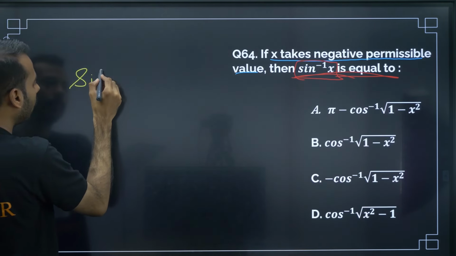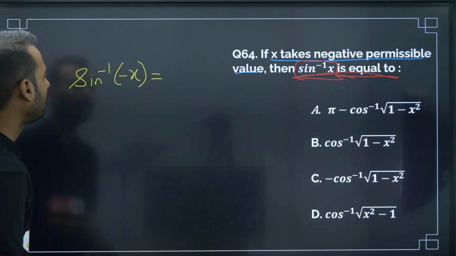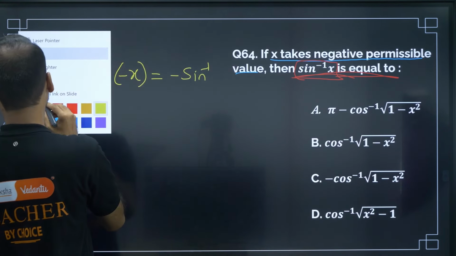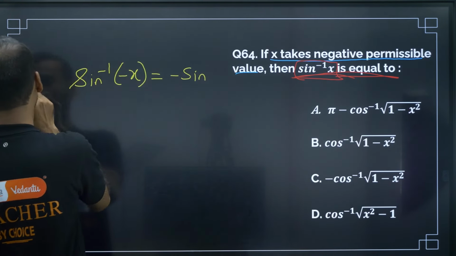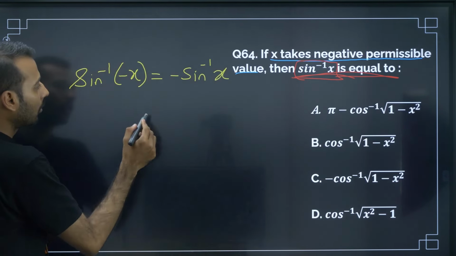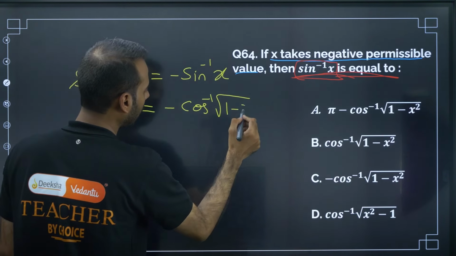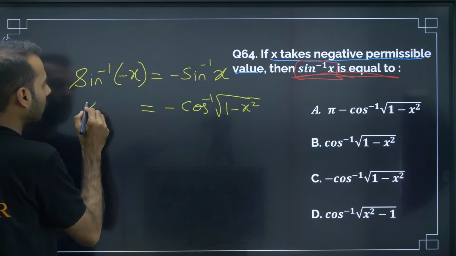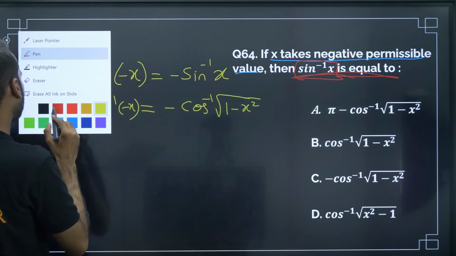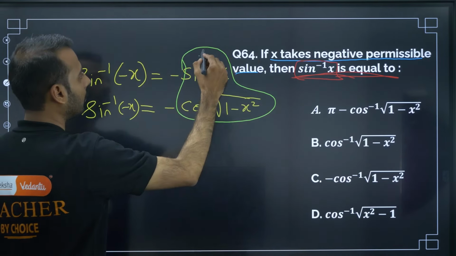Sine inverse of minus x can be written as minus sine inverse x. So this can be written as minus cos inverse root of 1 minus x square. So sine inverse of minus x can be written as this, from synopsis I am writing this. This is from synopsis.